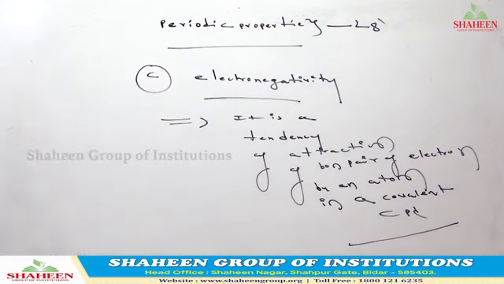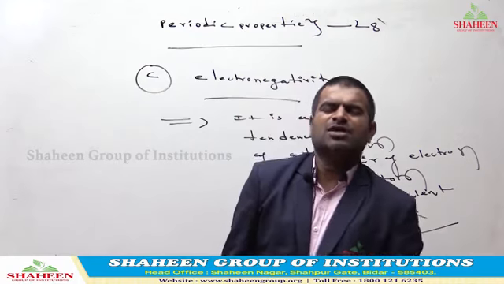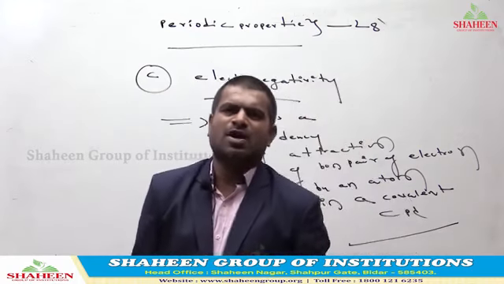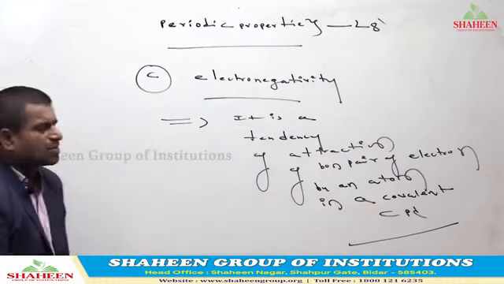This is called electronegativity. Electronegativity is nothing but the tendency of attraction of electron density from the bond towards an atom. It is called electronegativity.